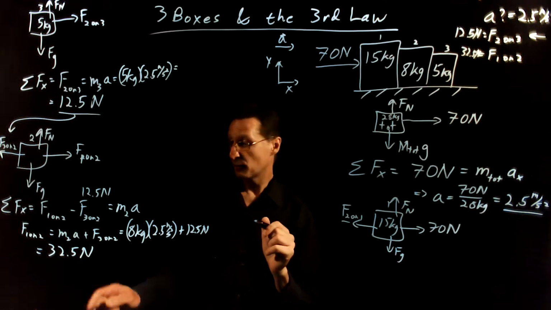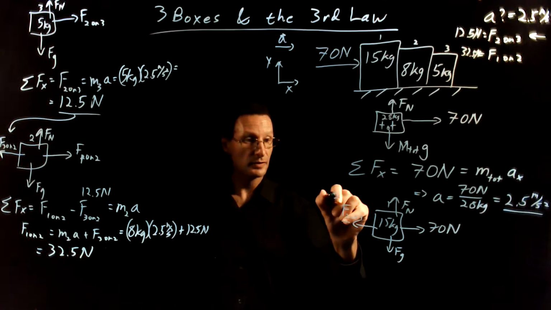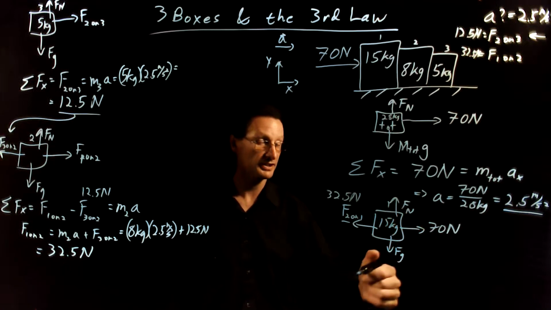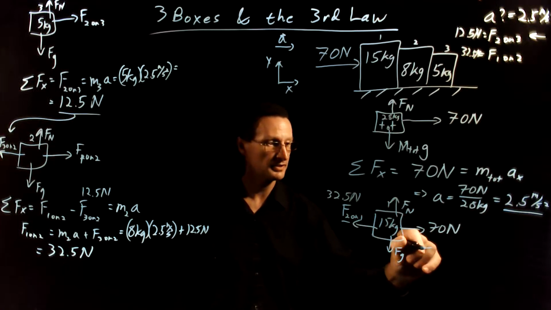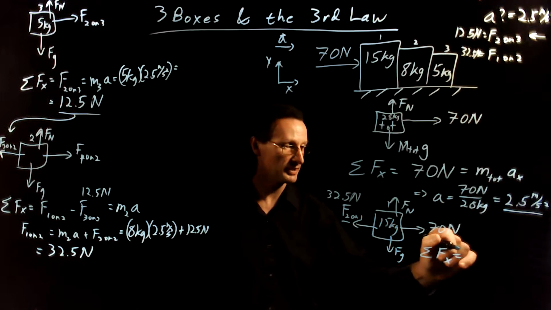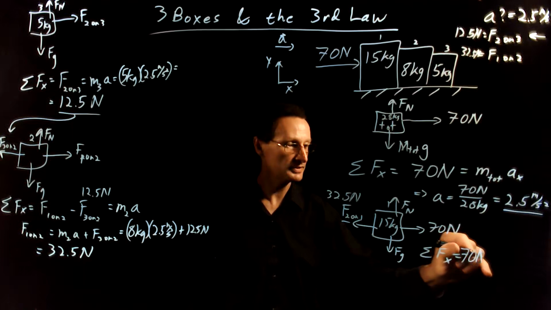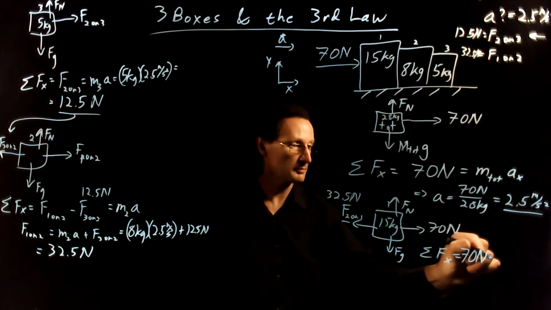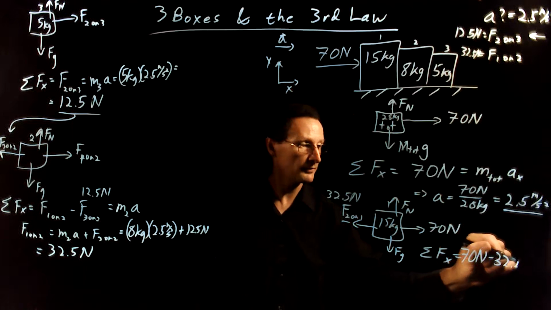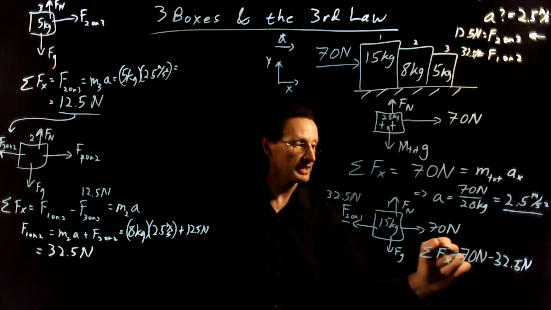I know that this force is the 32.5 Newton force. I know the 70 Newton force, so I know all the forces here. I can find the acceleration. So let me do that. I'm going to again sum the forces in the x direction. Getting pretty good at this by now. 70 newtons, and that's in the positive x direction, minus this 32.5 Newton force.